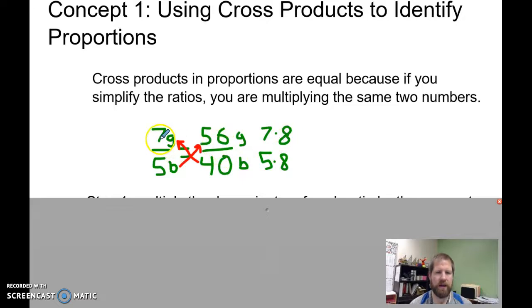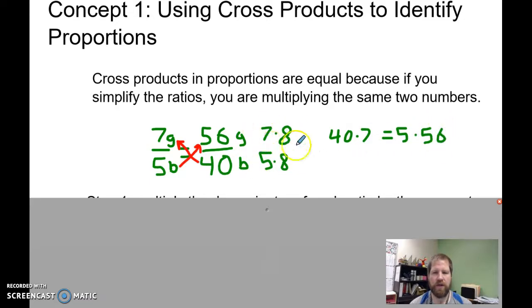What I'm basically coming up with, if I do my cross products, is 40 times 7 is equal to 5 times 56.